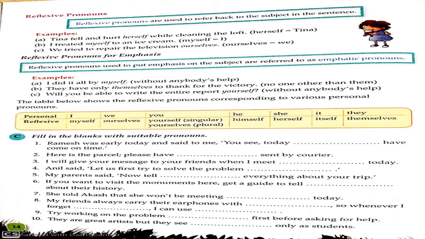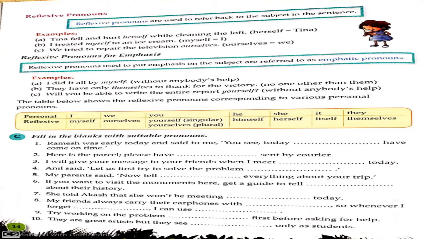Now, which word is referring back to the subject in this sentence? Who is the subject here? Tina. So, which word from the sentence is referring back to Tina? You can see here it is herself. Here Tina means herself means Tina. It is referring back to Tina.